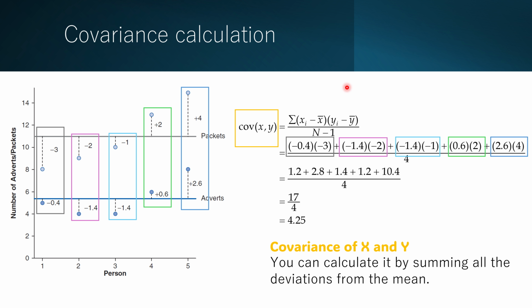Then we multiply them, each of them: minus 0.4 multiplied by minus 3, the gray area, and the purple area, minus 1.4 multiplied by minus 2, and the sky blue, green, and blue areas. Finally, we sum all the multiplied deviations and divide by n minus 1, sample size minus 1.